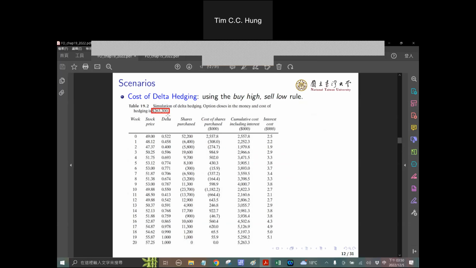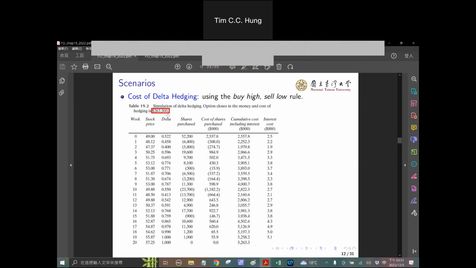So remember, what are we doing? At the beginning of week 0, we sell 400,000 shares of this European call option. And in reality, people do, especially market makers, financial institutions that act as market makers. They do all kinds of option trading.